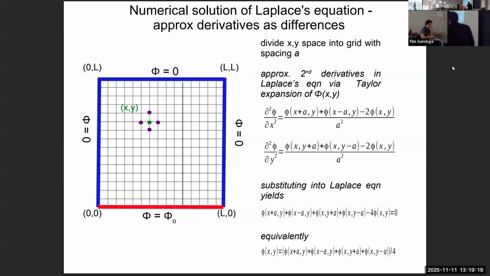So these first two terms are coming from the second order differential with respect to x. They come out of that. The second two terms come from the second order differential with respect to y. They come out of that.